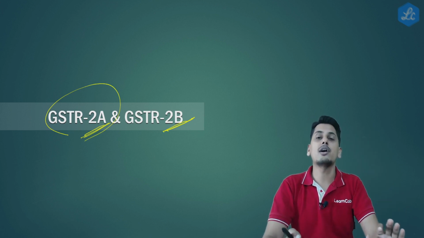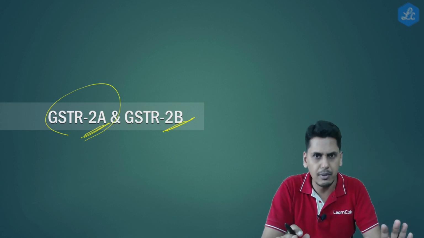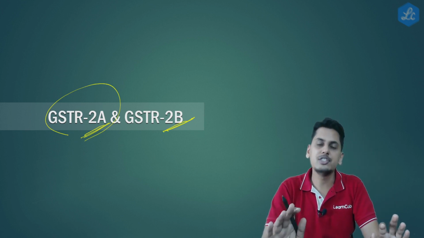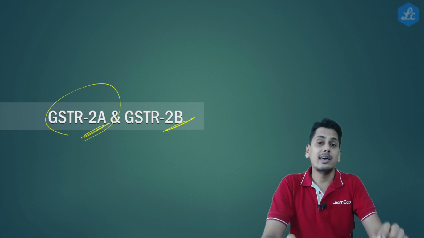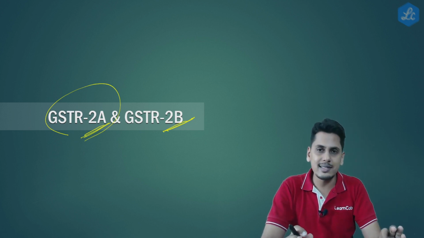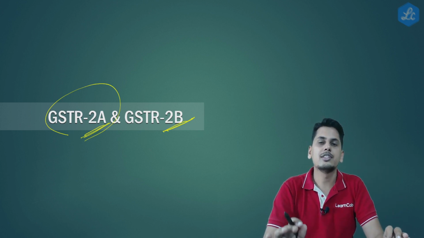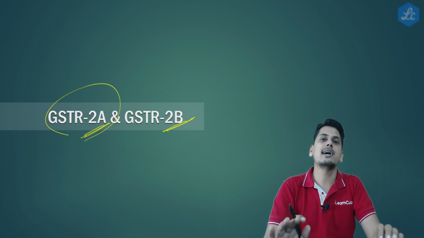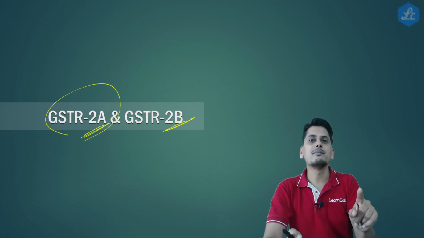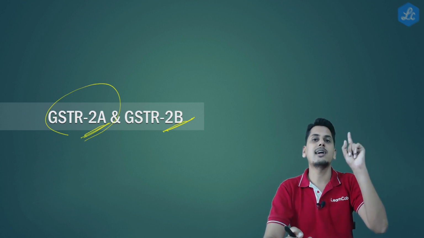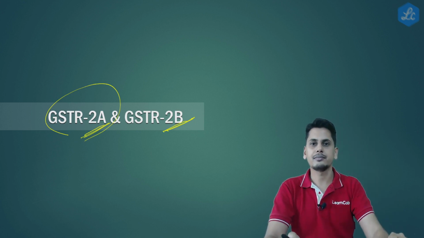If GSTR 1 of August is filed on 10th of September, it would appear in GSTR 2A of August. If that particular GSTR 1 of August is filed on 30th of September after the due date, still it would appear in GSTR 2A of August because it is filed in GSTR 1 of August.